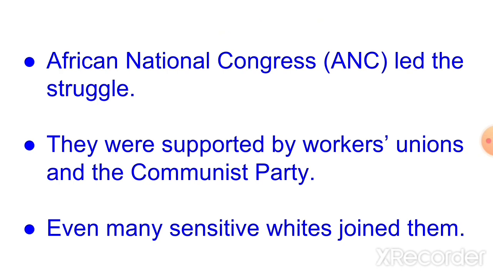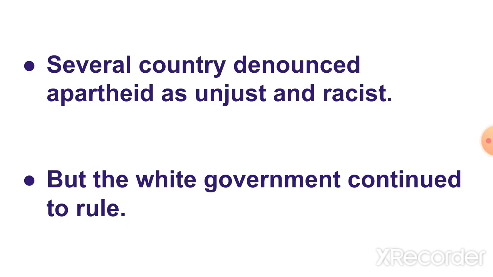Not only this, many sensitive whites, European rulers, joined this ANC, the African National Congress, and played a leading and important role in this struggle. Getting it? Yes. Several countries denounced apartheid. Denounce means declared it to be a wrong or evil practice.